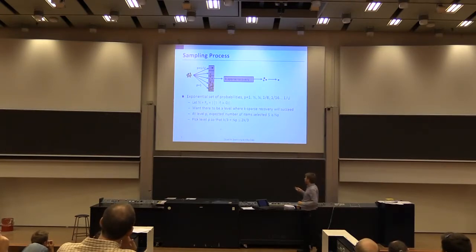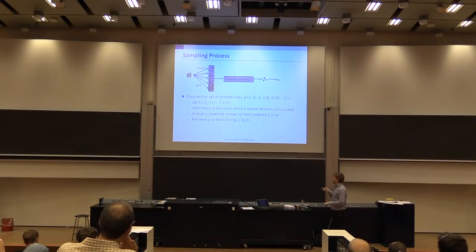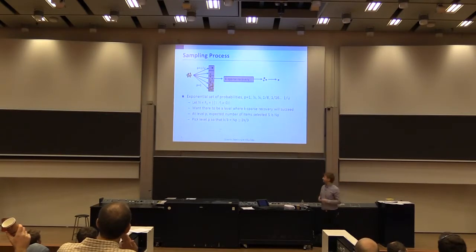Then with probability a half, some of them come through the filter and go into an independent copy of a k-sparse recovery algorithm, probability a quarter and so on. So at some level in this structure, I should have picked about the right probability that not too many elements pass the filter so that I can recover them, but equally not too few elements pass that I end up with an empty vector.